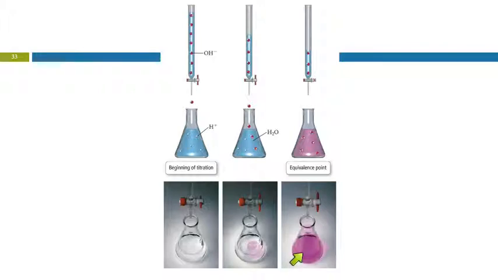A really intense color like this could be due to a couple of things. It could just be that this person used more phenolphthalein than was really necessary. Instead of 2 drops, maybe they put in a milliliter, right? Then just a teeny tiny bit of extra base is going to turn it really dark pink. Or they may have really overshot the endpoint.